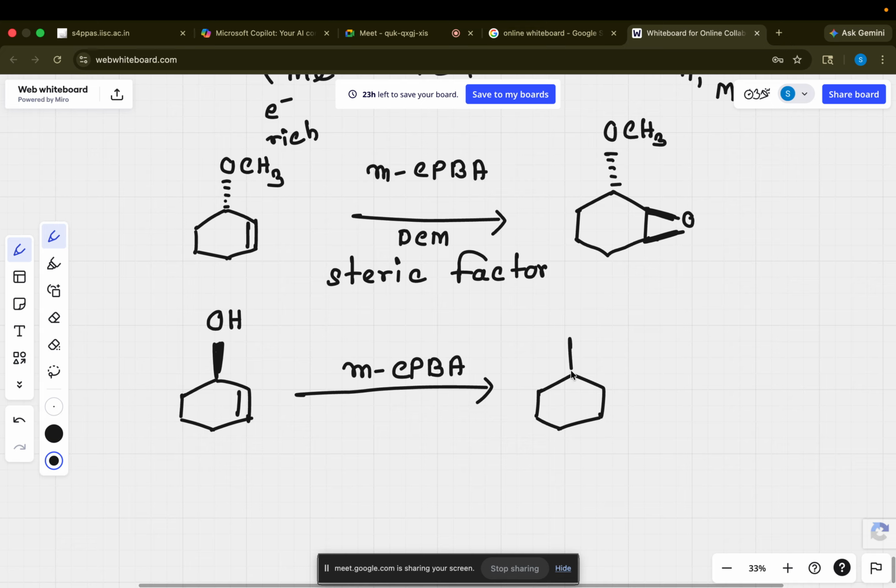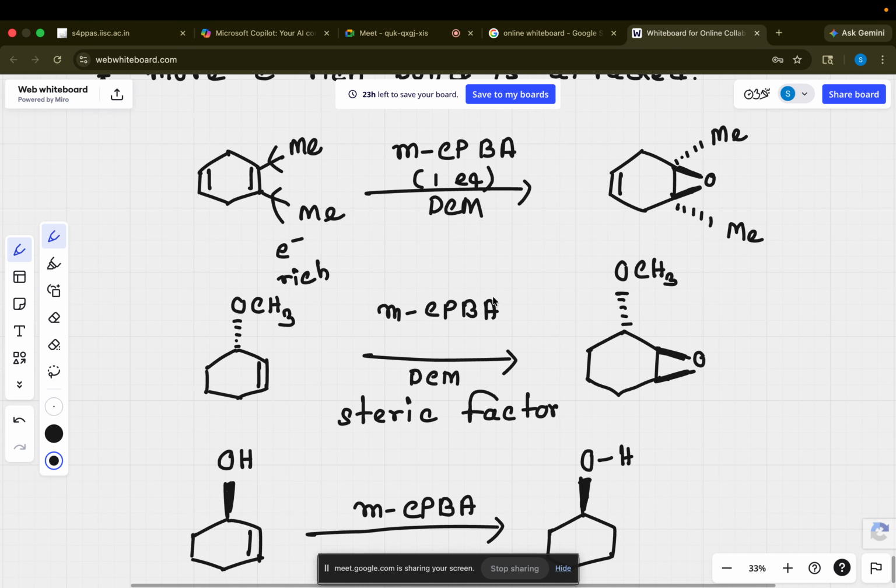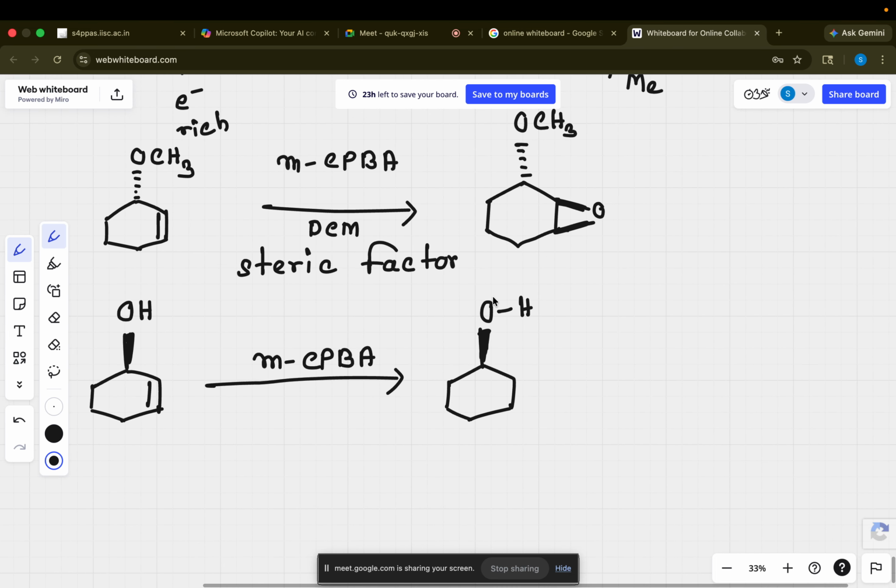Now what is the reason here? If you have OH, it's a polar bond, this hydrogen is acidic. This OH bond is polar. And if you have the mCPBA reagent, that electrophilic oxygen, whatever electrophilic oxygen you have, so if I am drawing OH here, and here you have this thing.